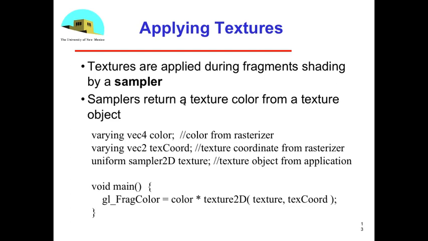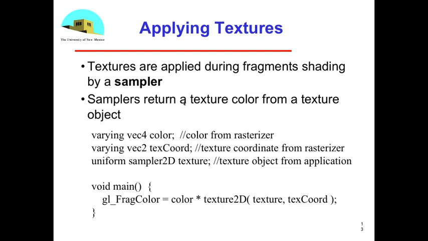There's an additional type of variable that we use within the fragment shader called a sampler. And it does exactly that. You give it some texture coordinates and it goes to the texture image and gets you a sample of that texture image. And it's a uniform variable. It's set up within the application file and then passed on.